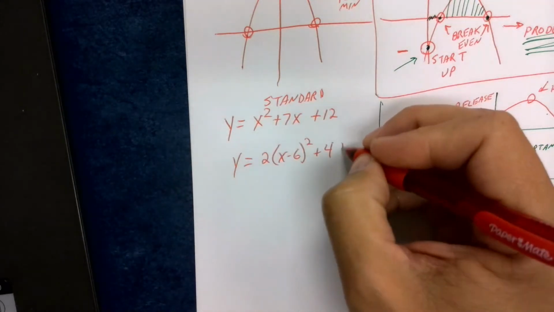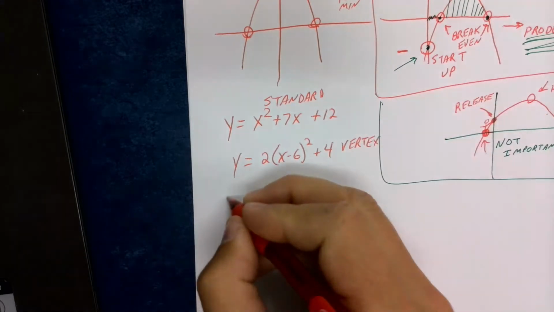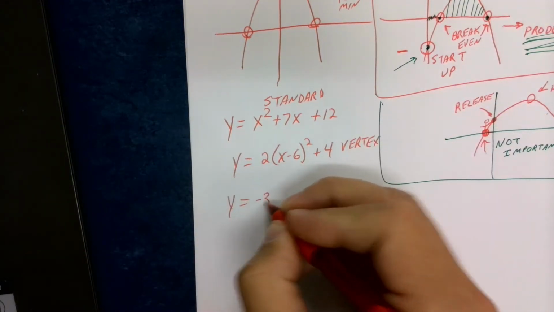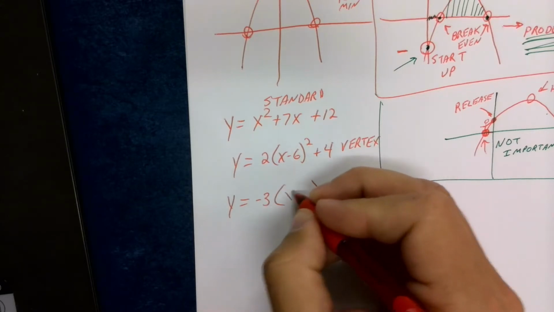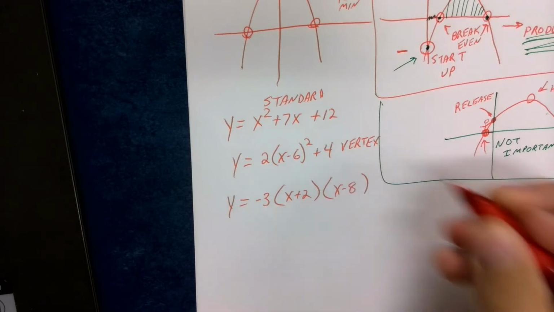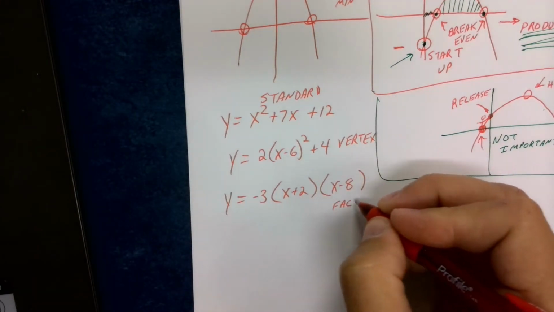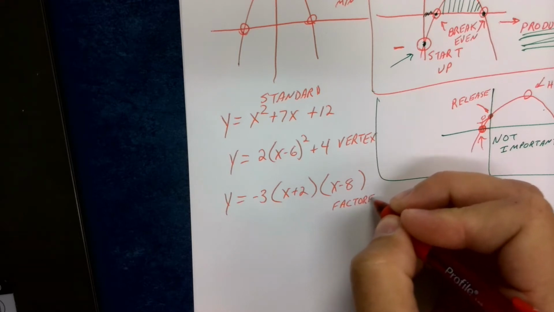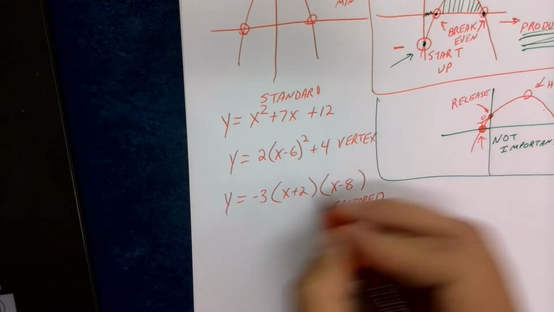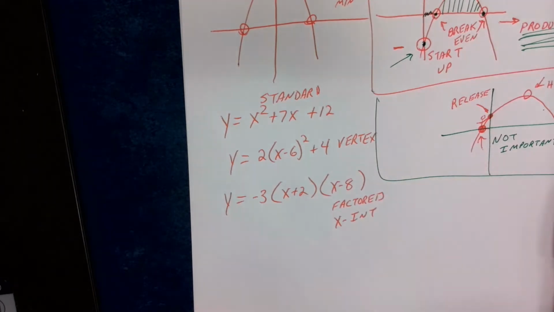This one's called the vertex form of the equation. And y equals negative 3 times (x plus 2) times (x minus 8). This one is either called the factored form, because it is factored, or technically it's the x-intercept form.